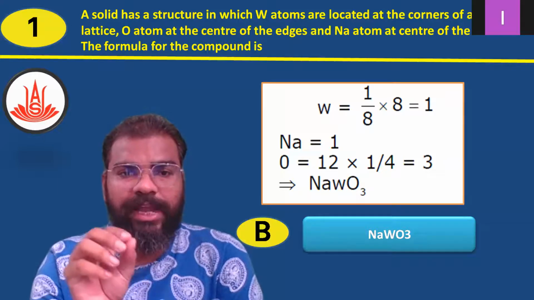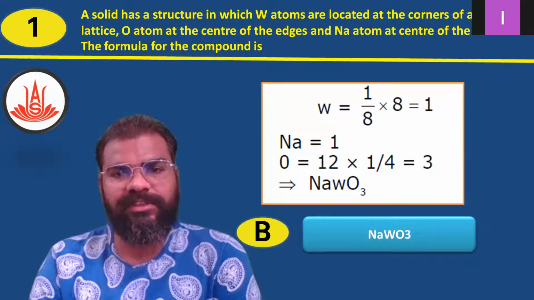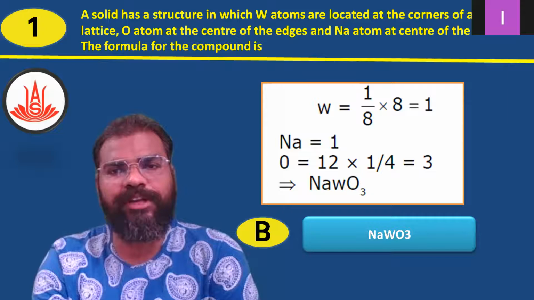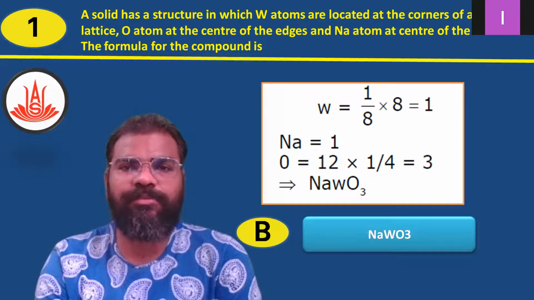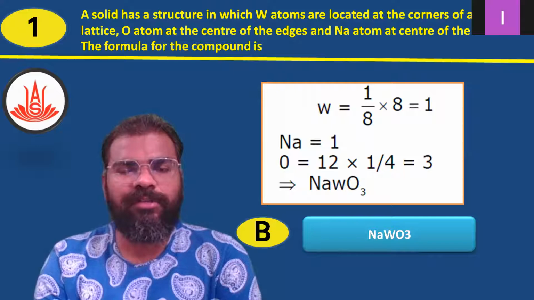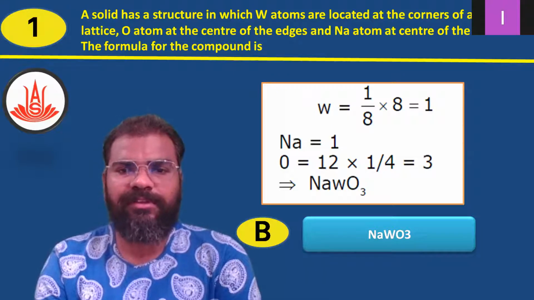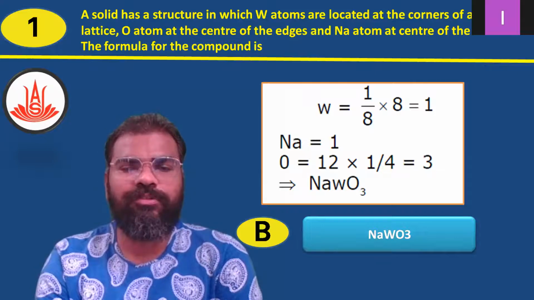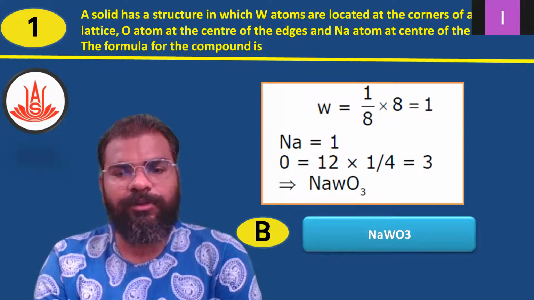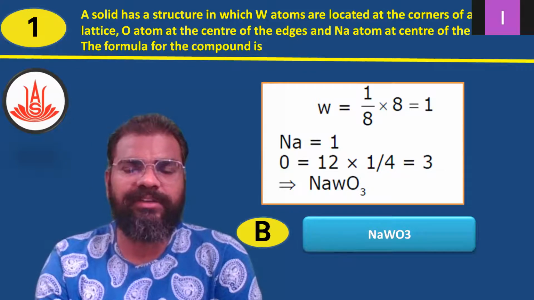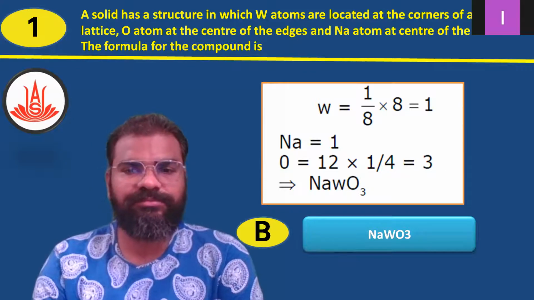See here, the O atom is at the center of the edges, so for the calculation of the O atom, 12 multiplied by 1/4. 4 threes are 12, so it would be 3. So the number of O atoms is 3. From that, you can say Na1W1O3. Option B, NaWO3, is the correct answer for this.